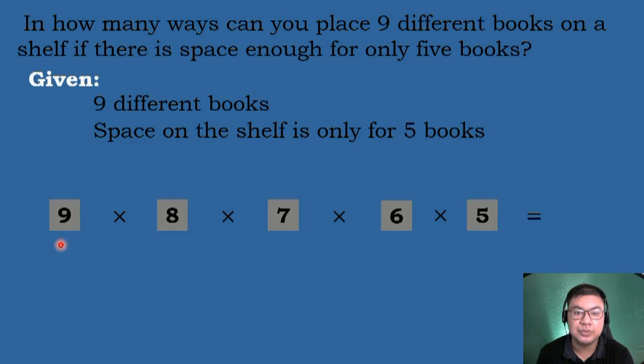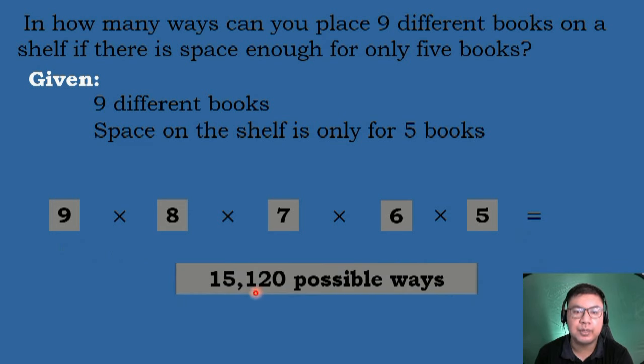So this will be the solution. 9 times 8 times 7 times 6 times 5, which is equal to 15,120 possible ways. So therefore, there are 15,120 possible ways we can arrange 9 different books on a shelf if there is a space enough for only 5 books.